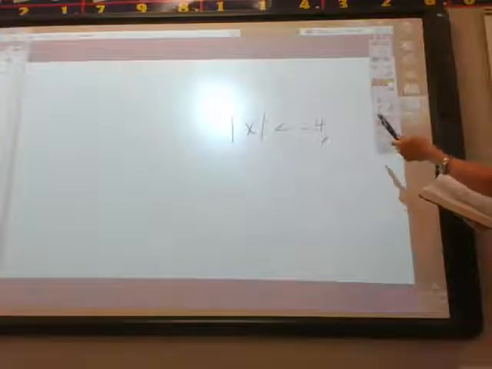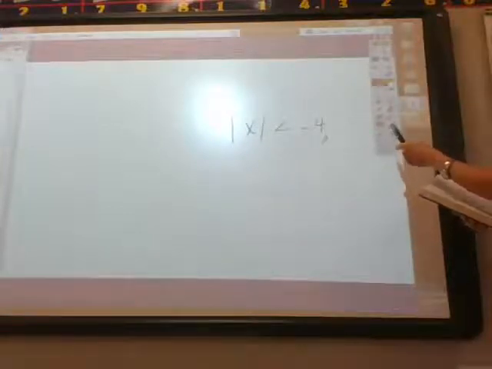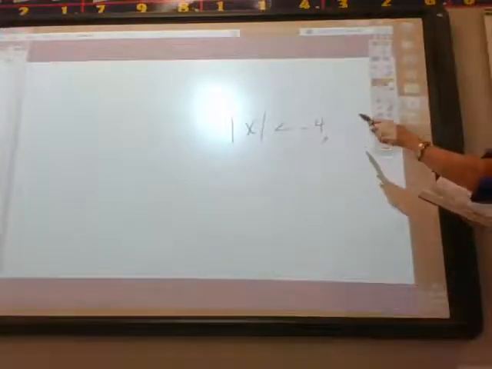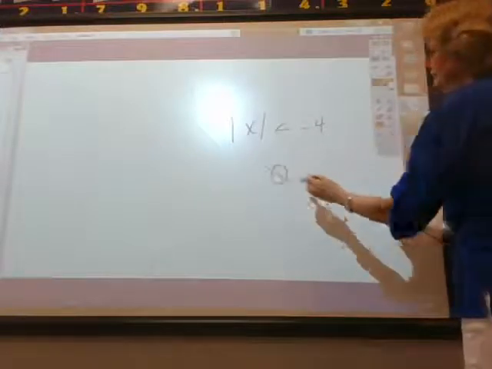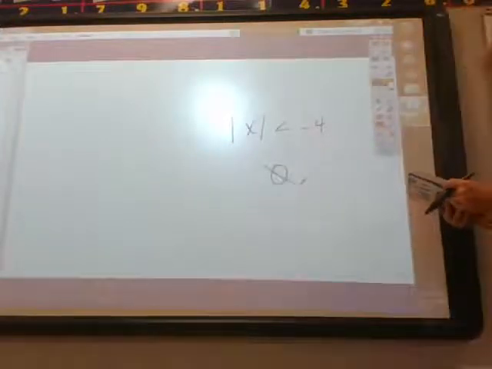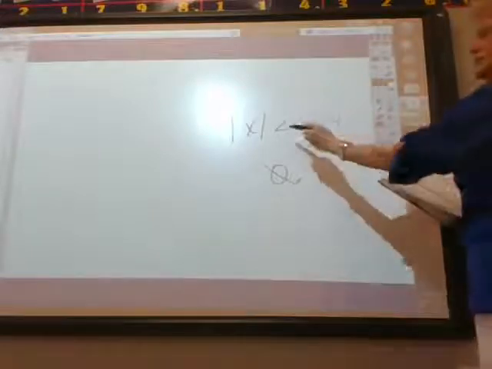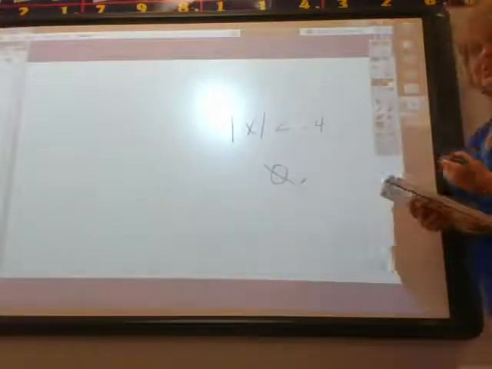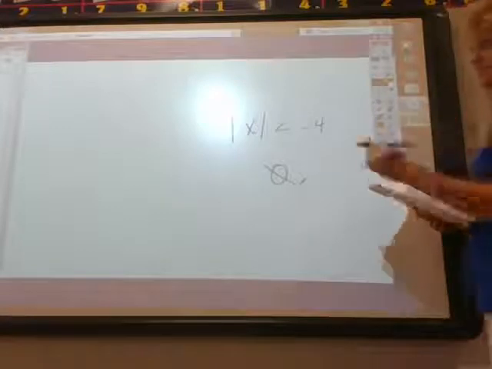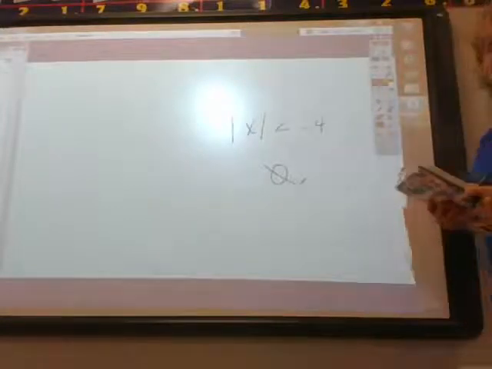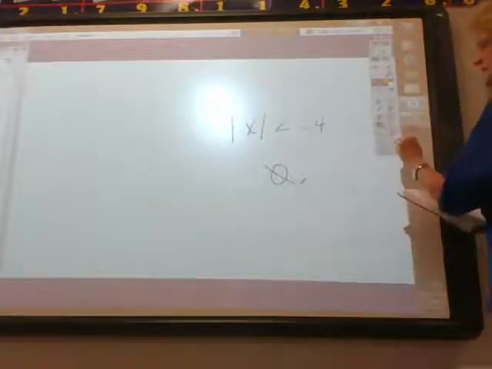No. Every absolute value is going to be a positive distance, right? So this is no solution. I hope that makes sense. Read that example. But you know that absolute values are distances. Distances are positive. So it's not going to be less than a negative. That makes no sense. It's an empty set.